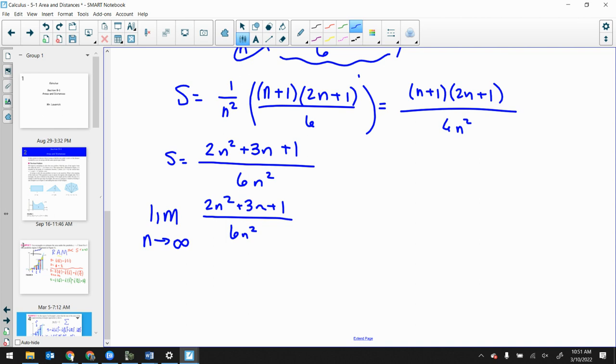Does anybody remember the technique to calculate an infinite limit? You divide by the biggest power in the denominator. So 2n squared over n squared plus 3n over n squared plus 1 over n squared, over 6n squared over n squared.